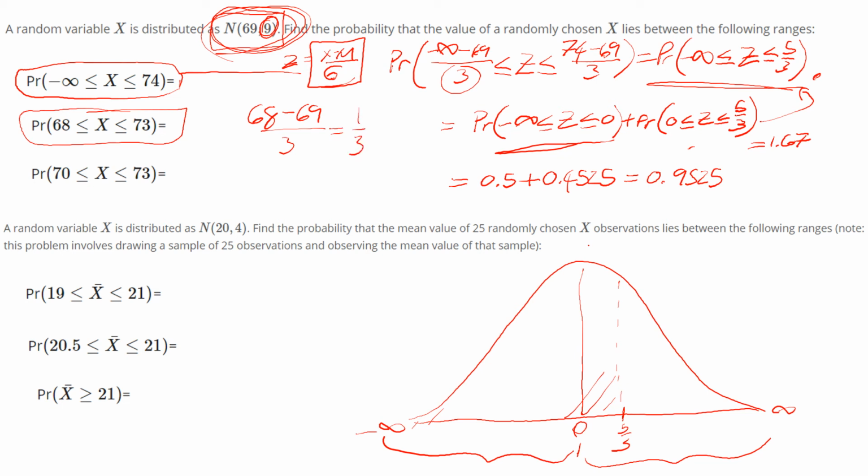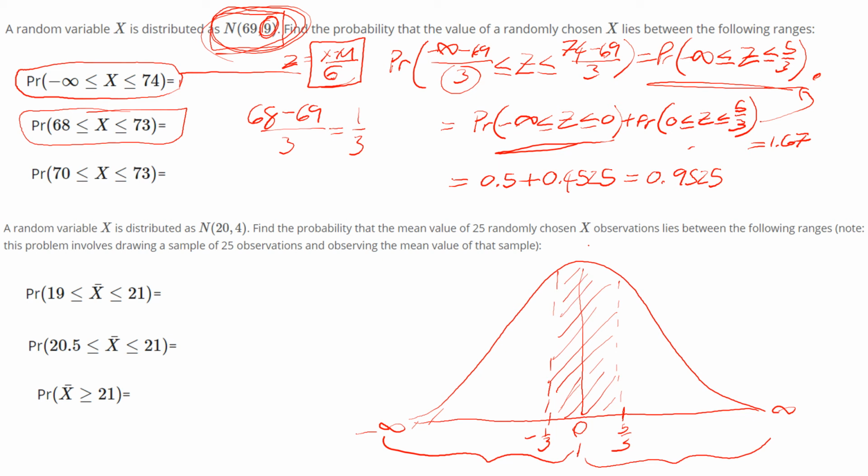So graphically, the area you're interested in is given over here: minus 1 over 3 to 5 over 3, definitely not drawn to scale.